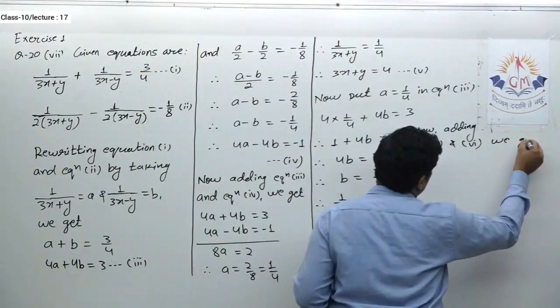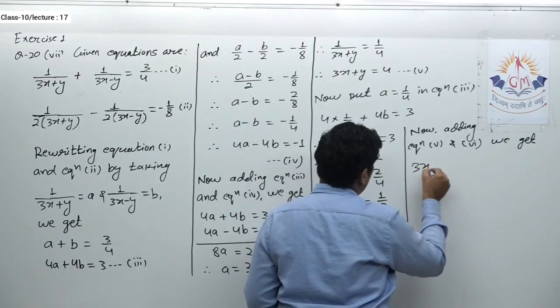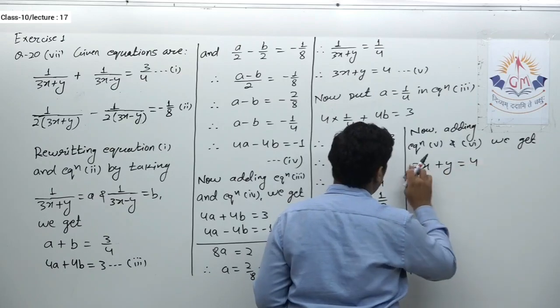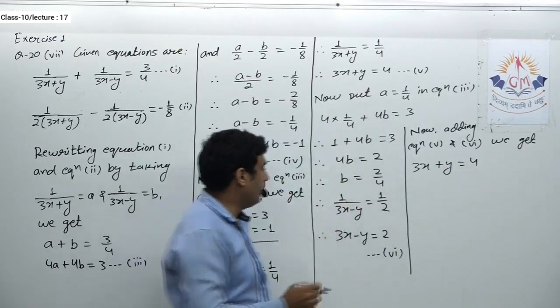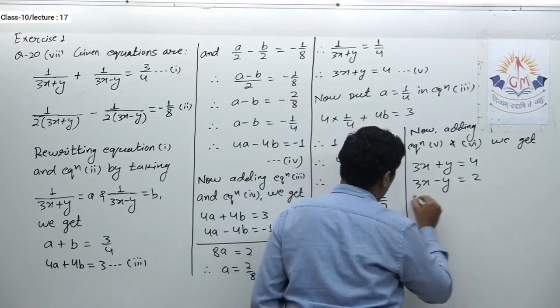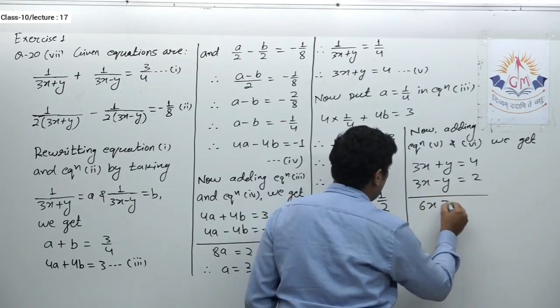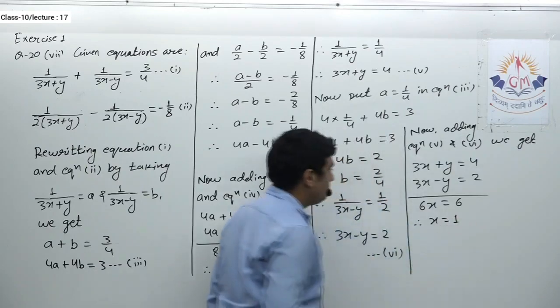We get, okay, let's see what we'll get. 3x plus y is equal to 4, and over here 3x minus y is equal to 2. So this will cancel out. 6x is equal to 6, therefore x is equal to 1.